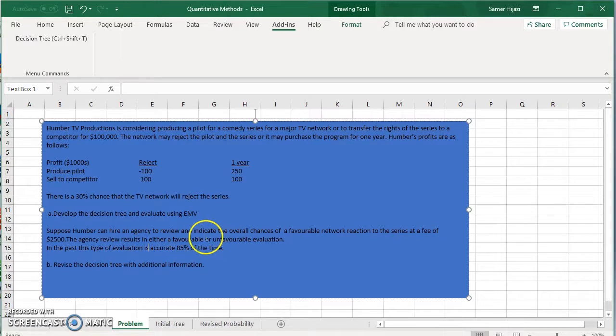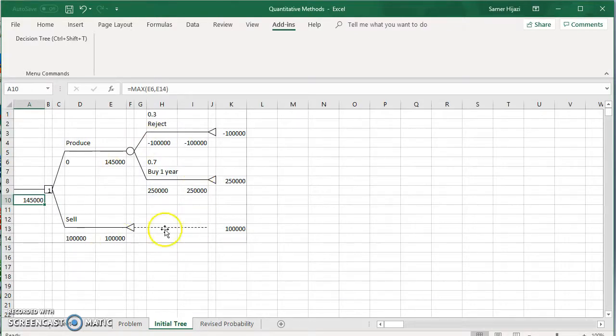So here, the outcomes are favorable or unfavorable. In either case, the TV production team still has to make a decision based on the same tree structure that we did in the first part. This is the decision in the first part.